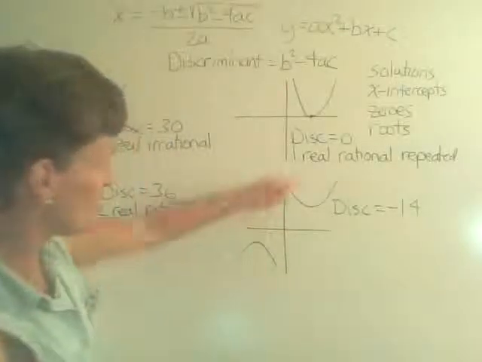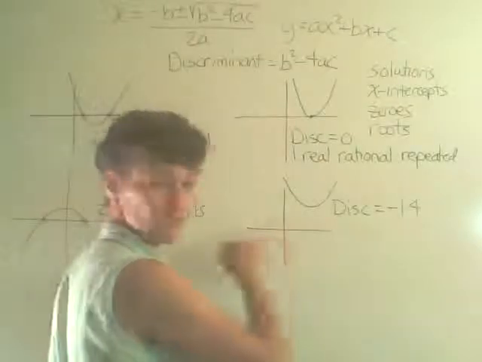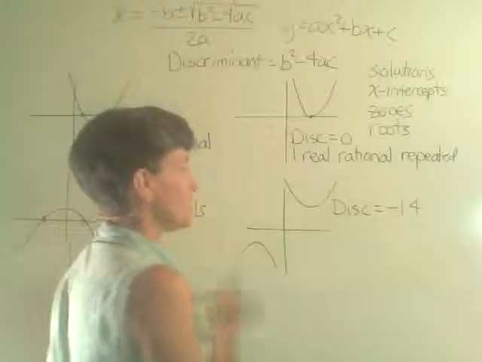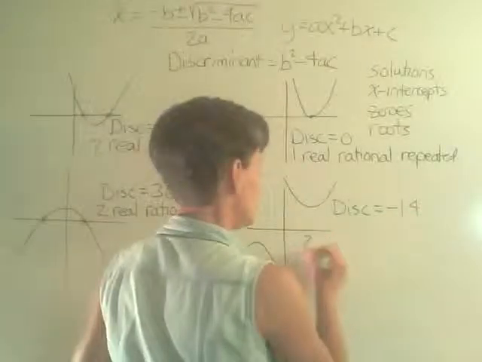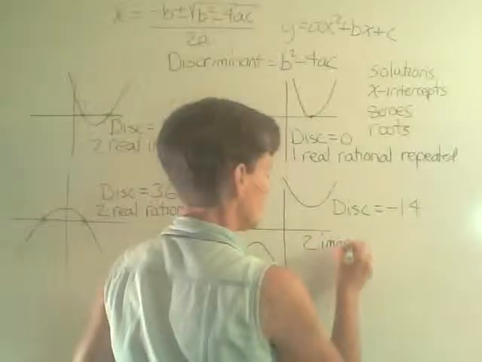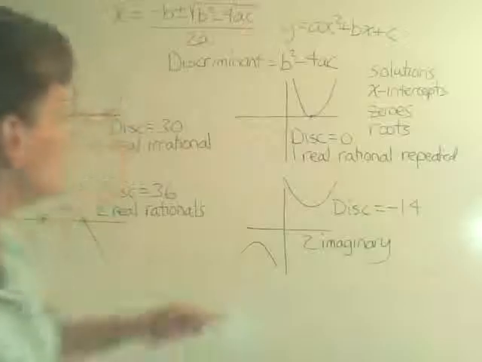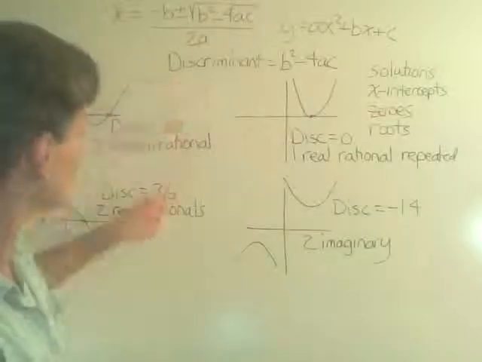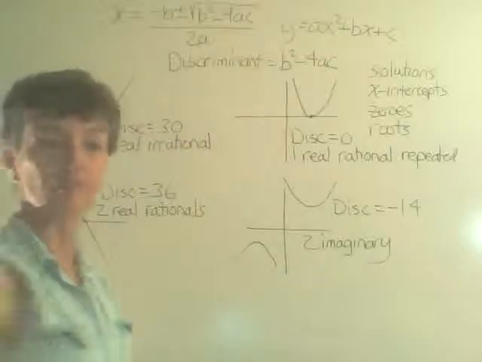So that's why our parabolas don't cross the x-axis, because these are only real numbers on a real number line. So here, if your discriminant is negative, you have two imaginary solutions. So this is how the discriminant, just the discriminant, tells you a lot about the graph of your parabola.